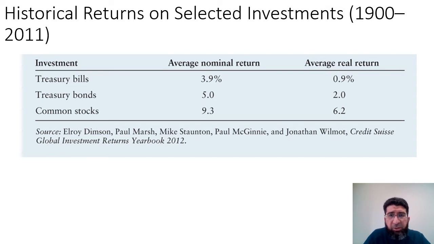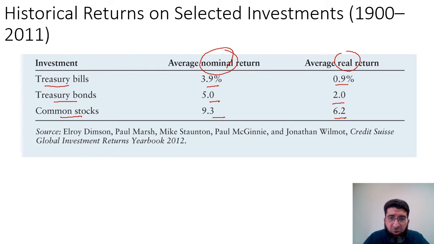These are the historical returns on selected investments from the 1900s to 2011, and you can see that treasury bills, treasury bonds, and common stocks have a nominal return of 3.9%, 5%, 9.3% compared to the average real return, which is 0.9%, 2%, 6.2%. Now, what is the difference between nominal return and real return?